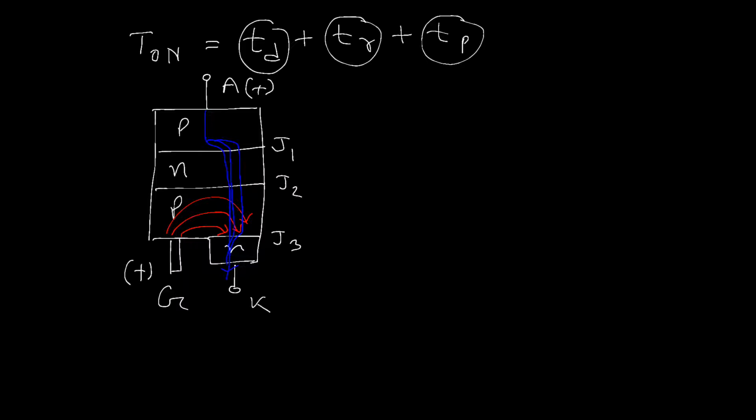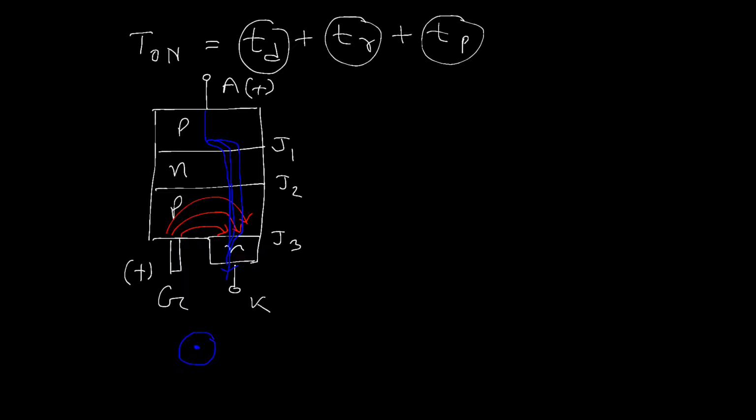To be very detailed, if we consider this is the cross-sectional view of the cathode, then the anode current is flowing through the cathode in a very narrow region. I am just drawing this part by a point.